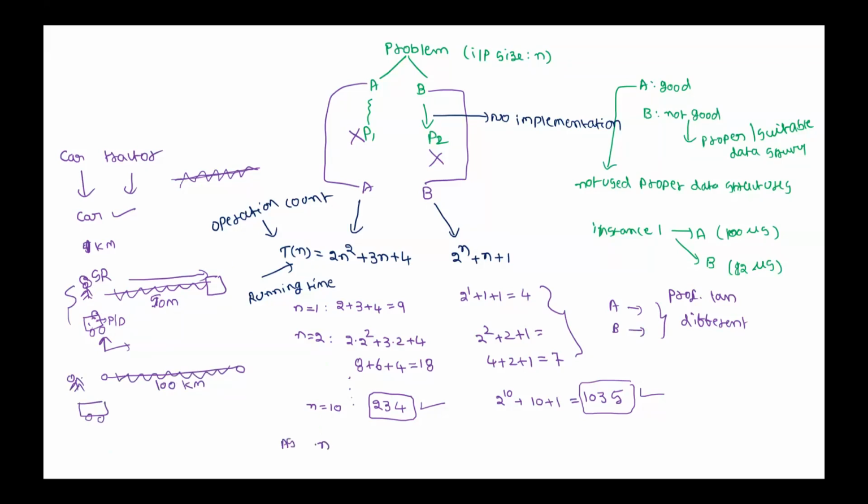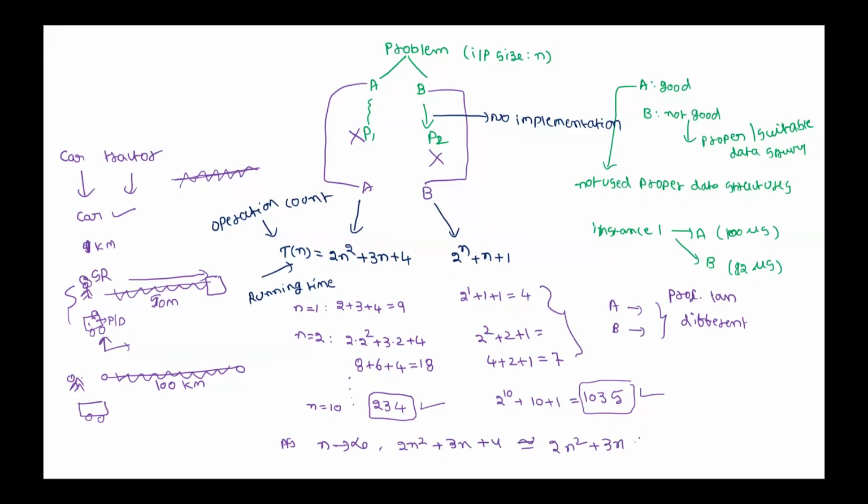As n tends to infinity, what happens? Consider 2n square plus 3n plus 4. Can you say it is approximately equivalent to 2n square plus 3n? When n is very large, whether 4 is there or not doesn't matter.